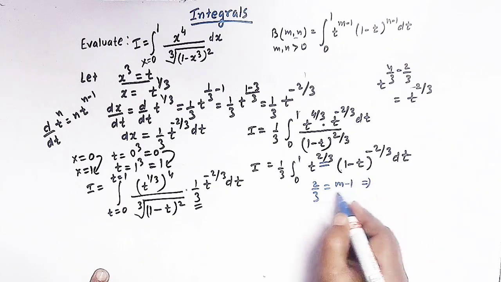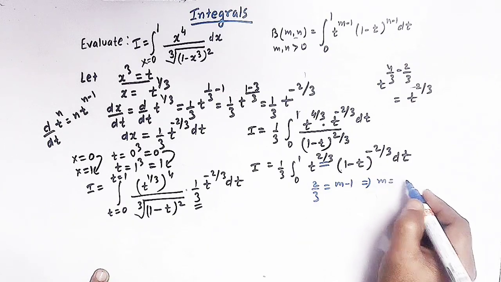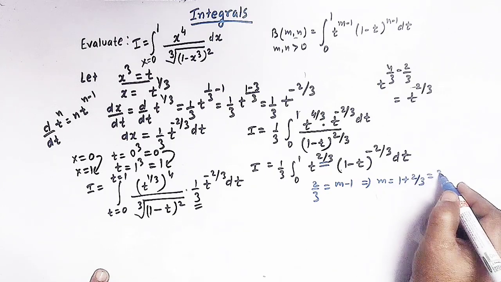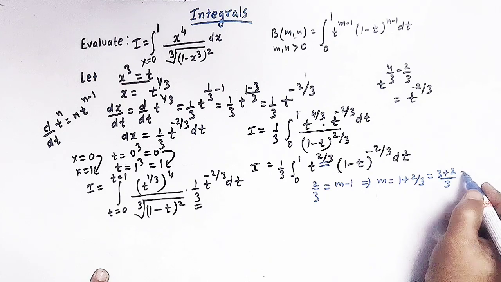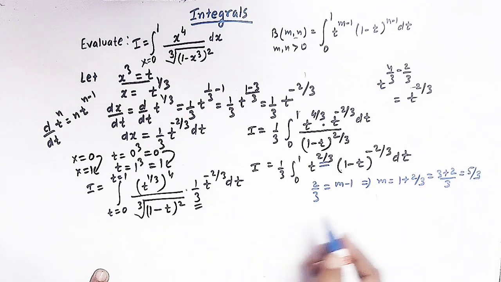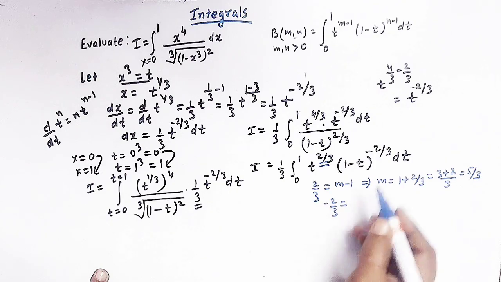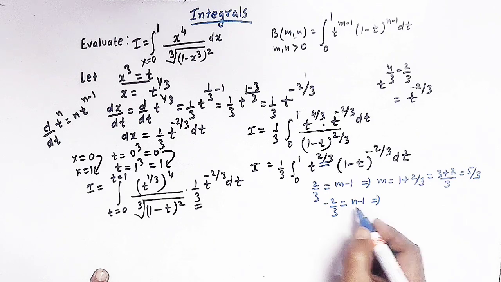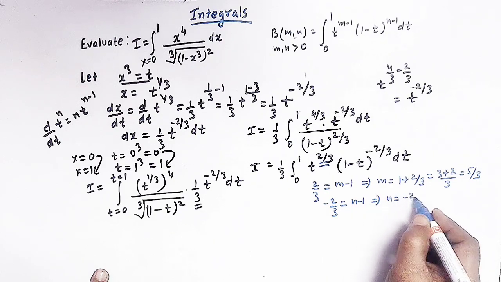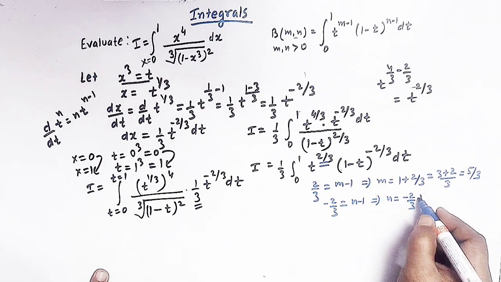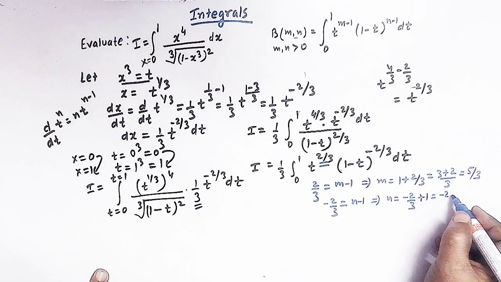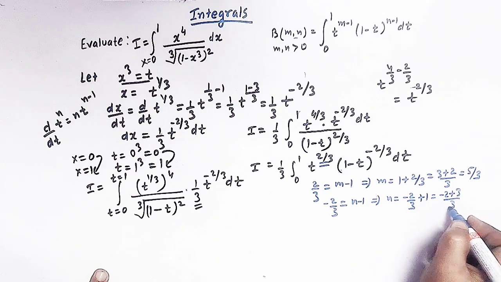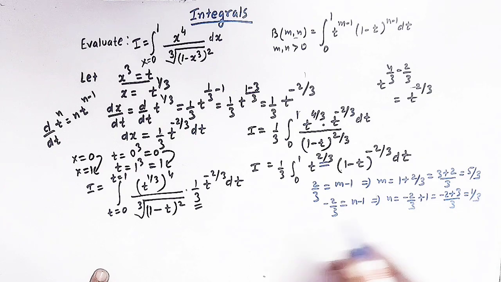So we can solve this equation. So we have m is equal to 1 plus 2 over 3, that is (3 plus 2) over 3, that is 5 over 3. And similarly here we have minus 2 over 3, and here we have n minus 1. So solving this equation for n, we can now write minus 2 over 3 plus 1, so this is (minus 2 plus 3) over 3, that is 1 over 3, right?